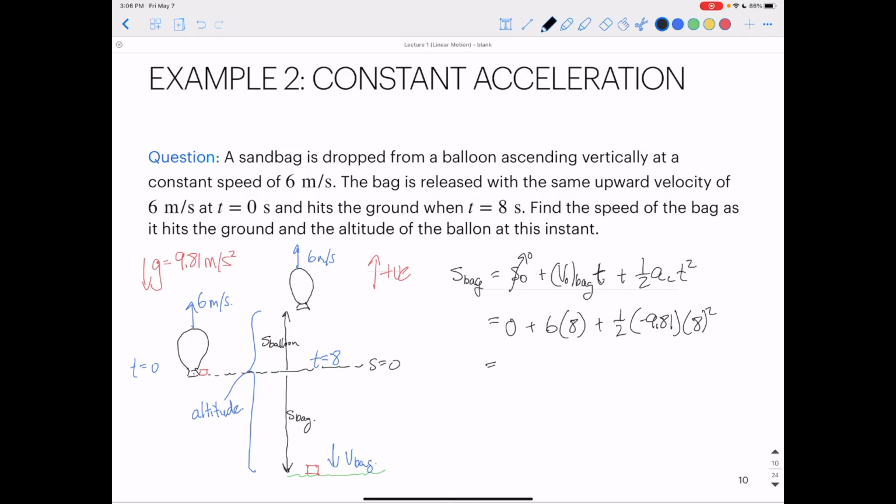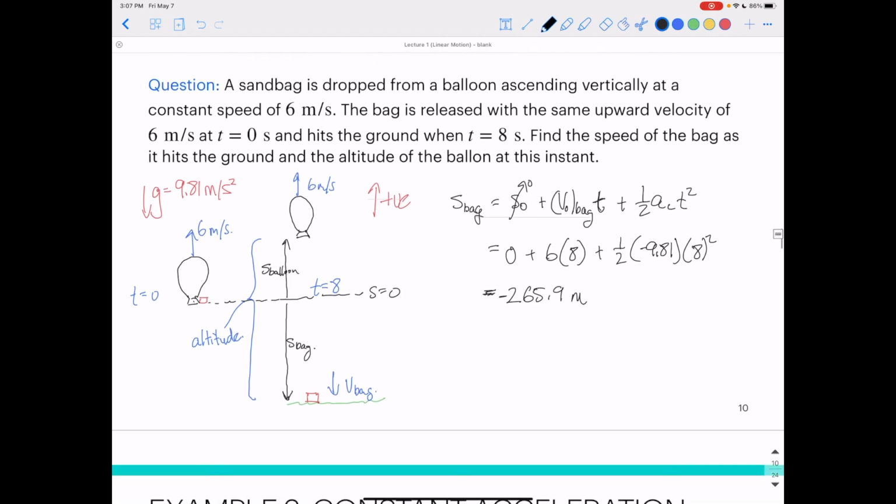If we solve for this, the position of the bag after 8 seconds, when it hits the ground, will have moved 265.9 meters in the negative direction. So we found the position of the bag. Now we can find the position of the balloon. We use the exact same equation, but the balloon is going at a constant velocity, so our acceleration term is just equal to 0.